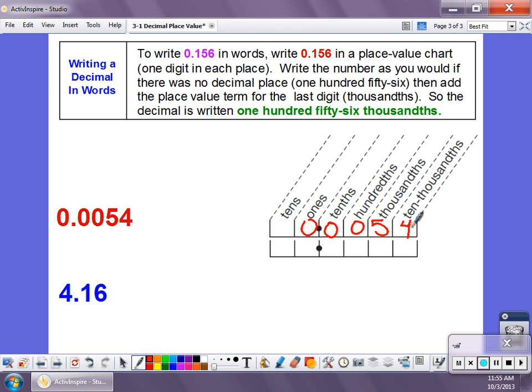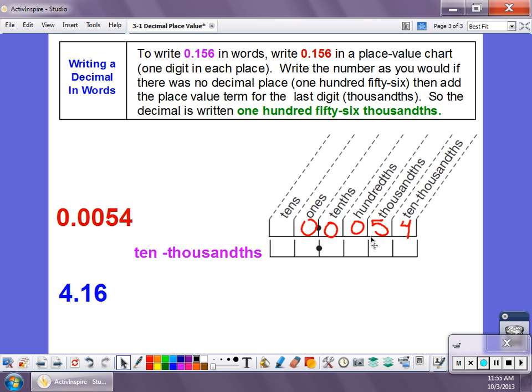Okay, I know I'm going to end in the 10,000ths spot. But I need to know how many 10,000ths I have. So look at this number. What number do you see right here? When I look at that number, it says 54. So what I have is 54 10,000ths.